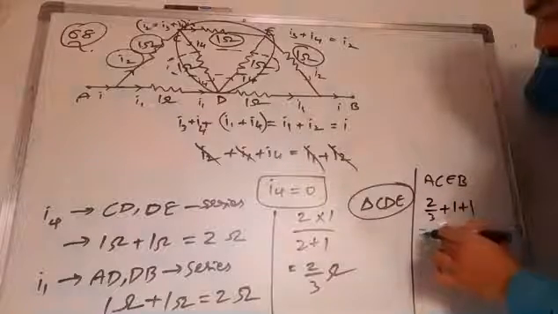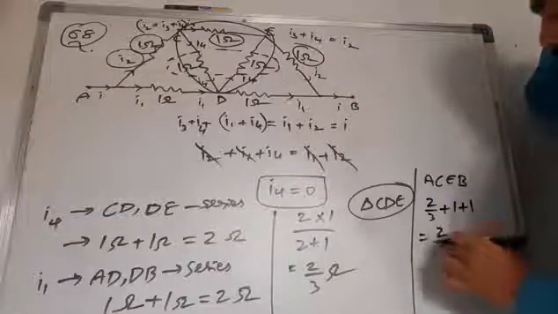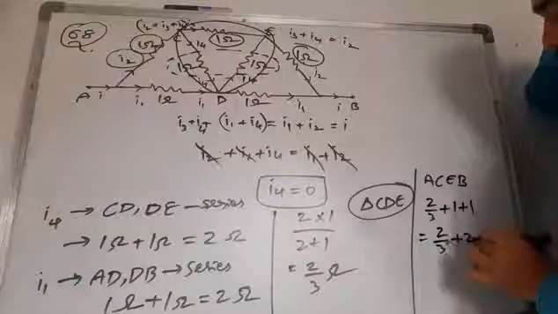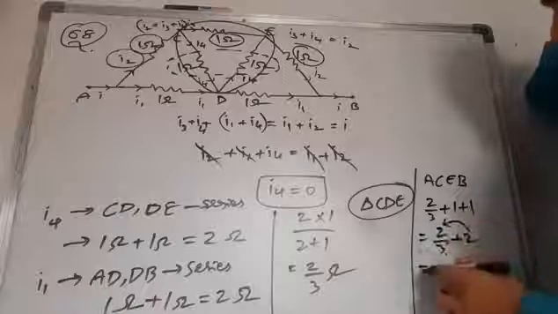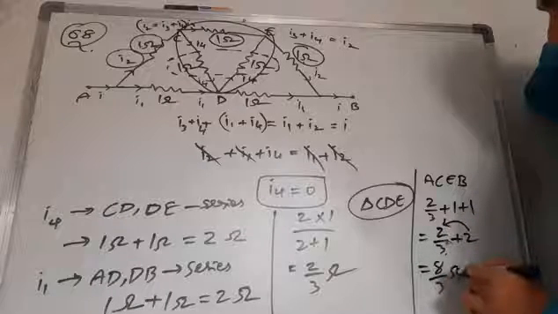The total is 2 by 3 plus 2, that is 2 plus 6, 8. So 8 by 3 ohms.